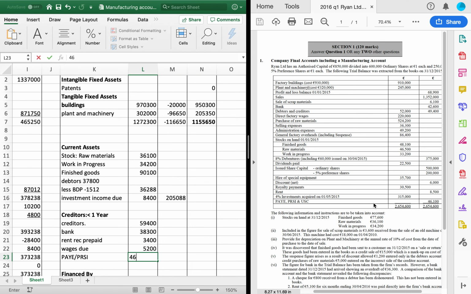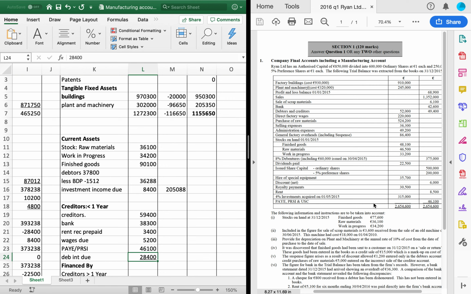Could be an asset, very unlikely. And we also have debenture interest due, and that is 28.4. Now, from doing this very recently, I have a feeling that wages due isn't 5,200, but we'll see at the end. Anyway, add those up, take them away.